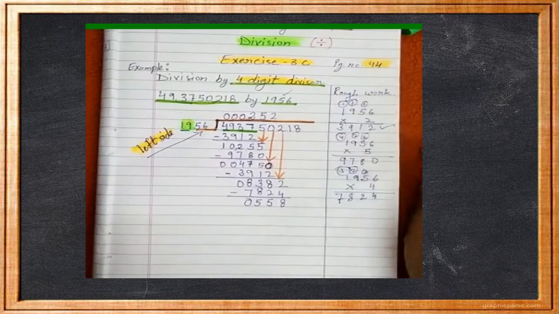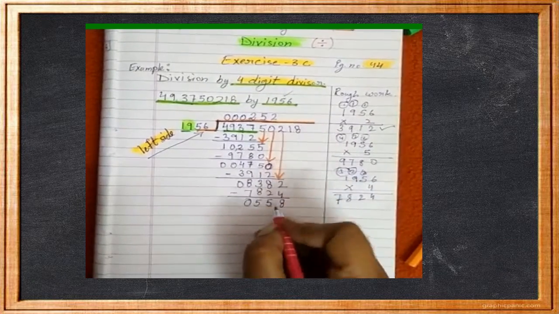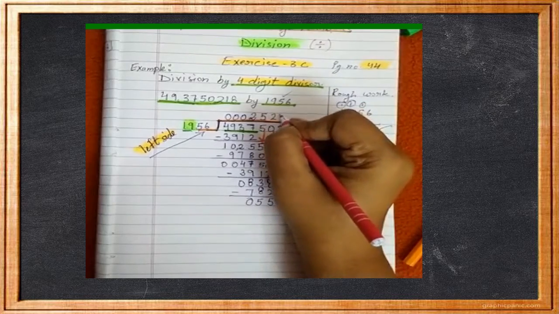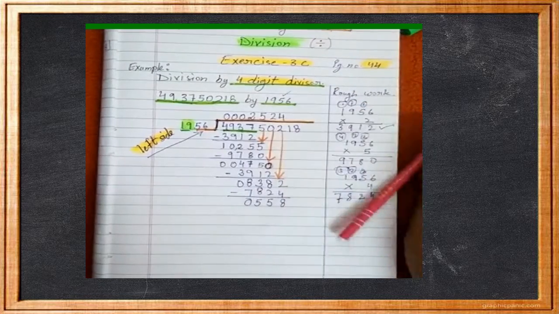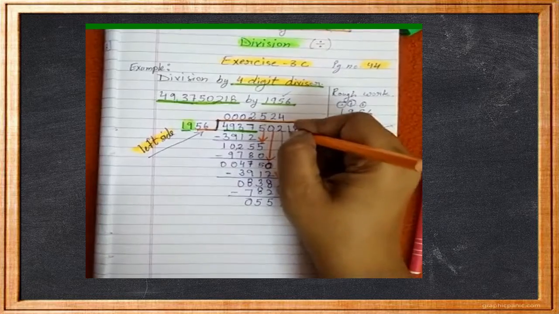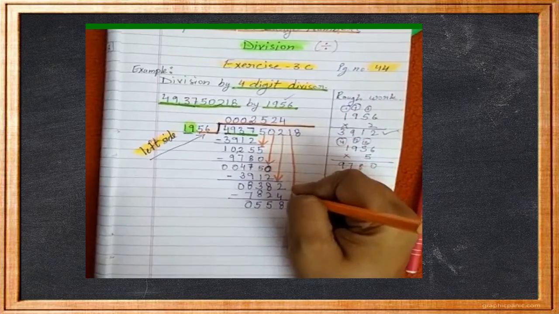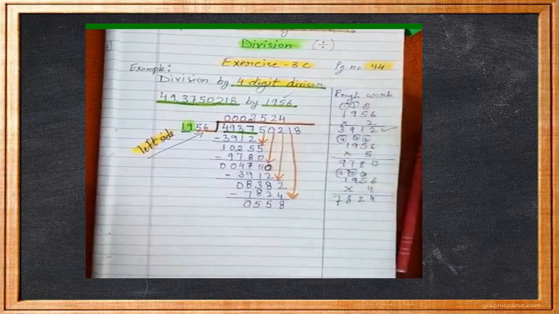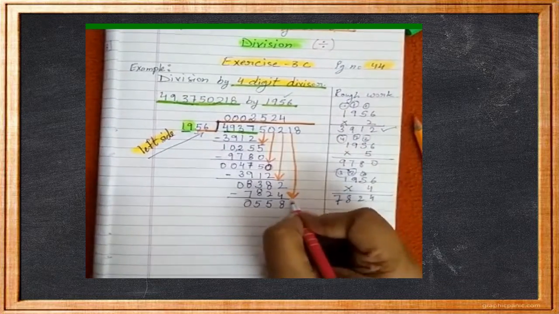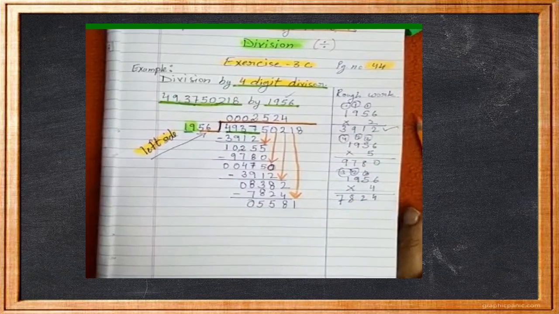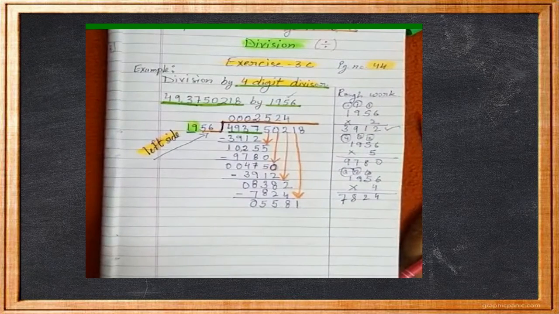And you will be writing 4 here on the top of 2. Yes, children. And bring this 1 down next to 8. Yes, now your number is 5581.